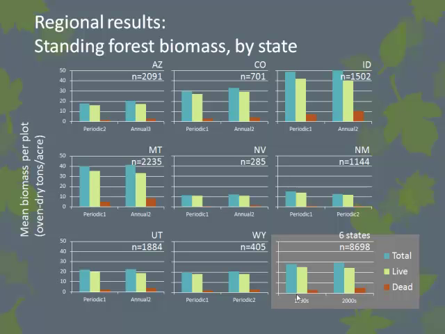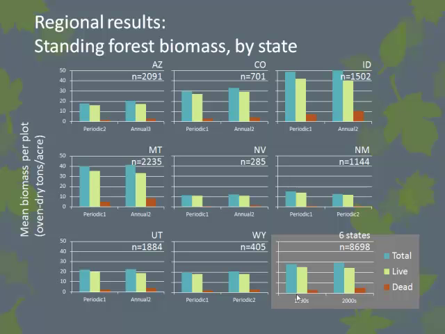We did see some states that increased the amount of live biomass, such as Arizona and Colorado. And one pattern that's kind of interesting, especially in Idaho and Montana, up here and over here, and somewhat in Utah, is that total biomass either increased or stayed the same, while live biomass decreased.